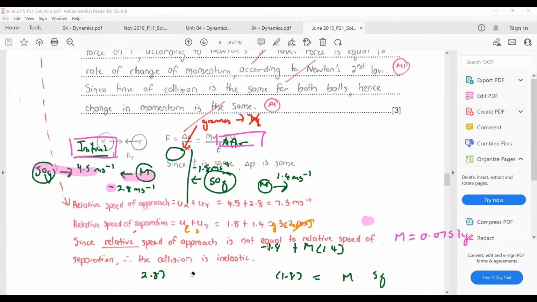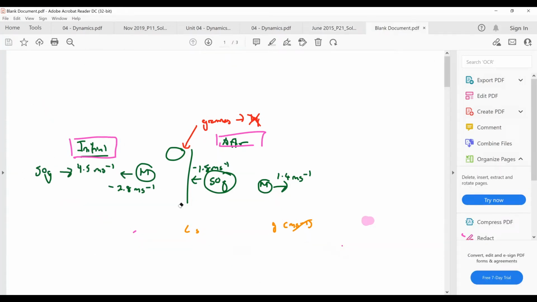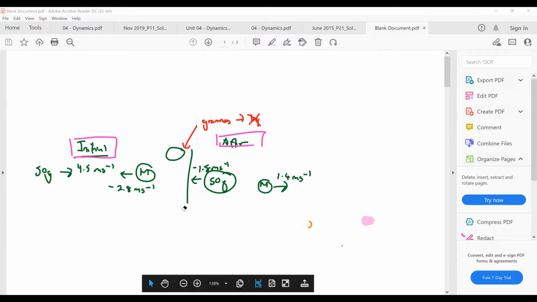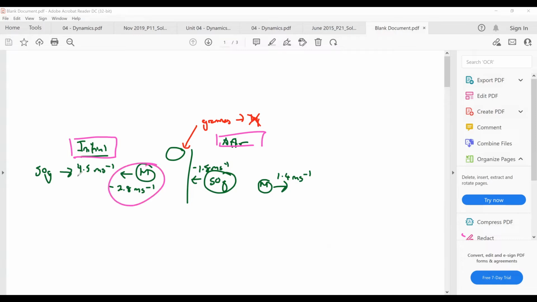Okay, so if you look at how the two objects were before the collision, you look at this part only. Yeah, okay, now this is a lot clearer. Notice that mass M and the 50-gram mass were actually moving towards each other.